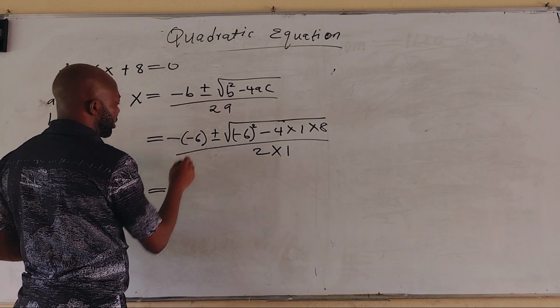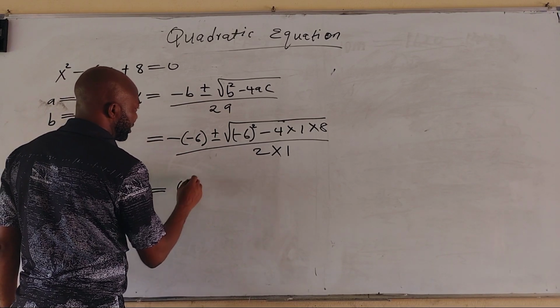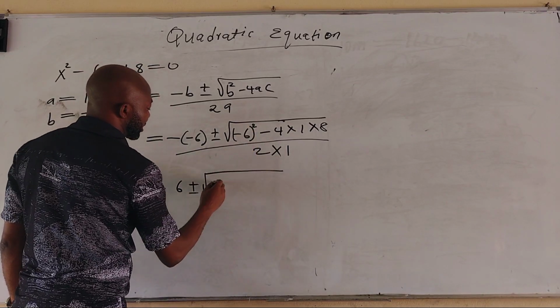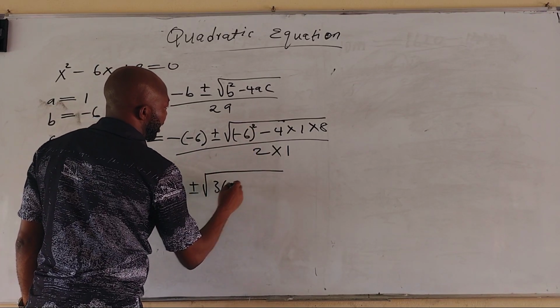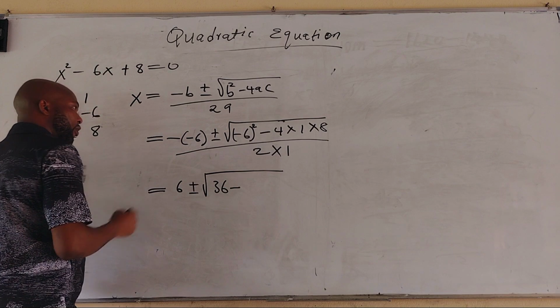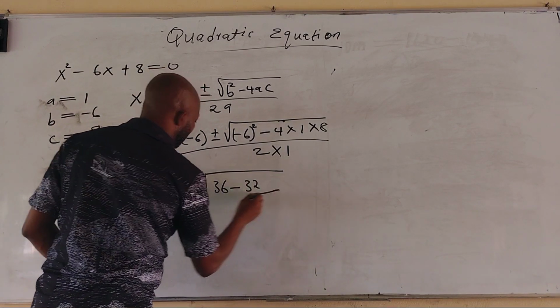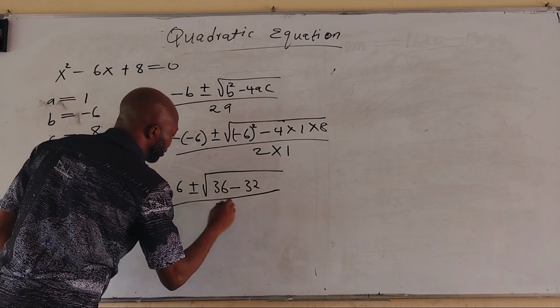This is equal to minus times minus is plus. So I have my 6 plus or minus the root of 6 squared, which is 36, minus 4 times 8 is 32, over 2 times 1 is 2.